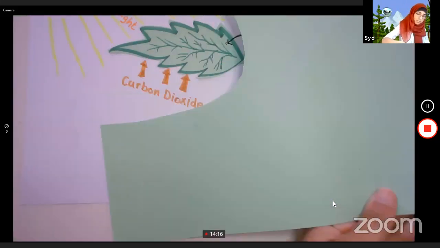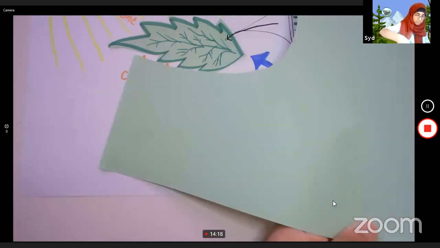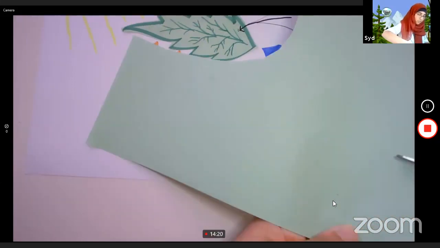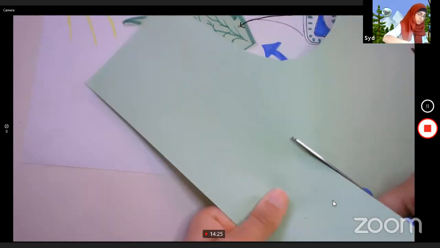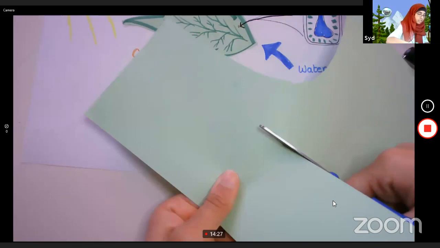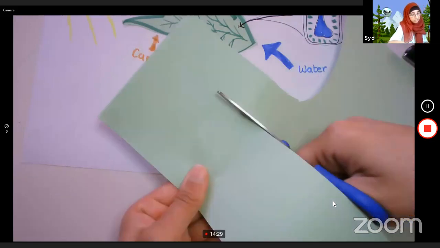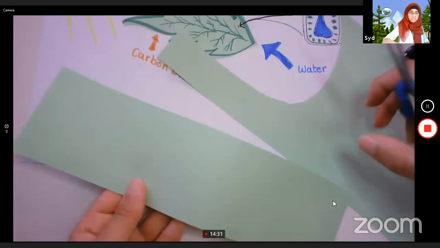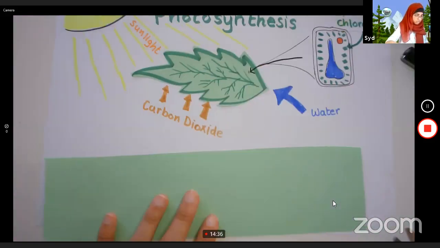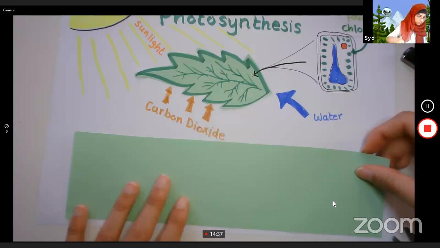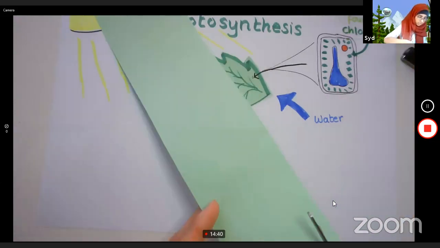I should probably write it on before I cut it because I might run out of space like I always do. I'm going to take the risk. You might want to write it on first and then cut out your piece of paper. This equation is important. You need to know it for GCSE as well. We're doing some GCSE work here again. Let's make it slightly smaller than that.